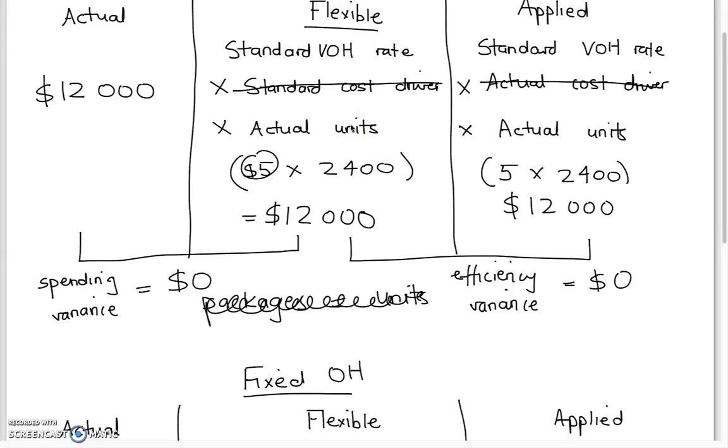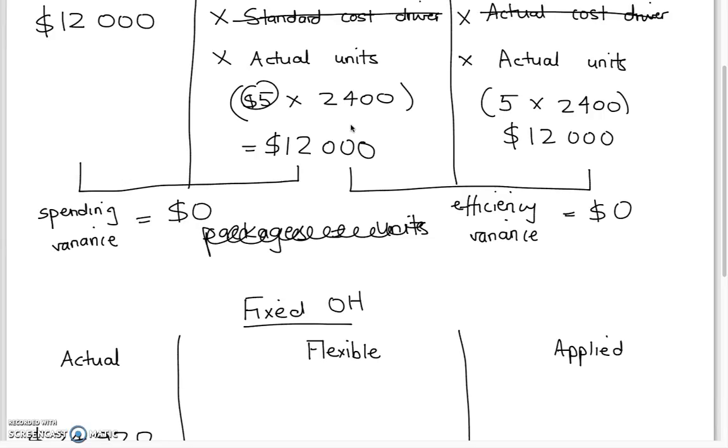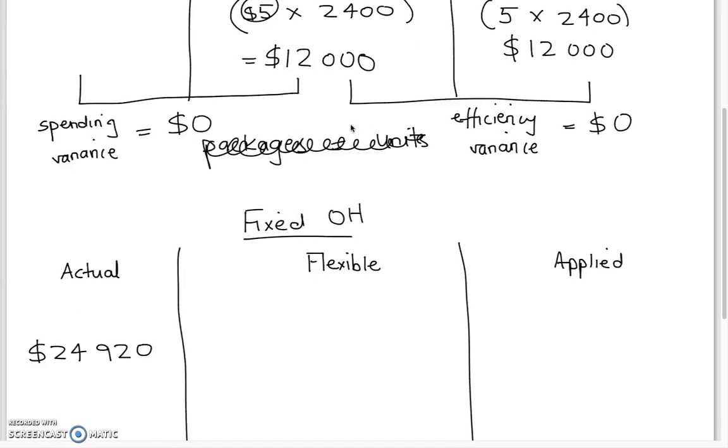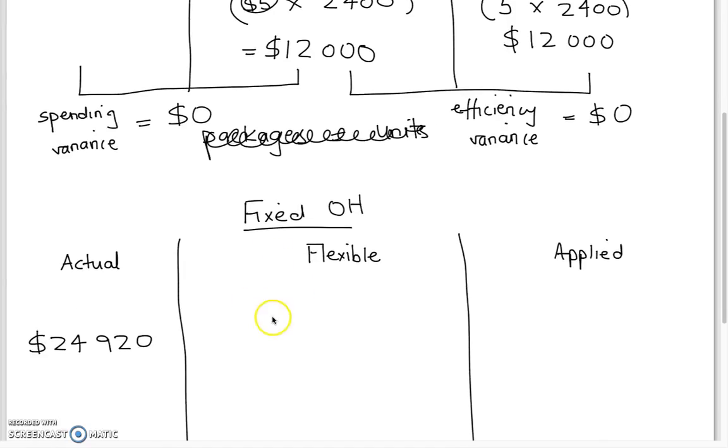So if you refer back to my chapter 10 videos, I discuss why your fixed cost doesn't change. So fixed cost is called fixed for a reason. It does not change with the level of activity. It is fixed, right?